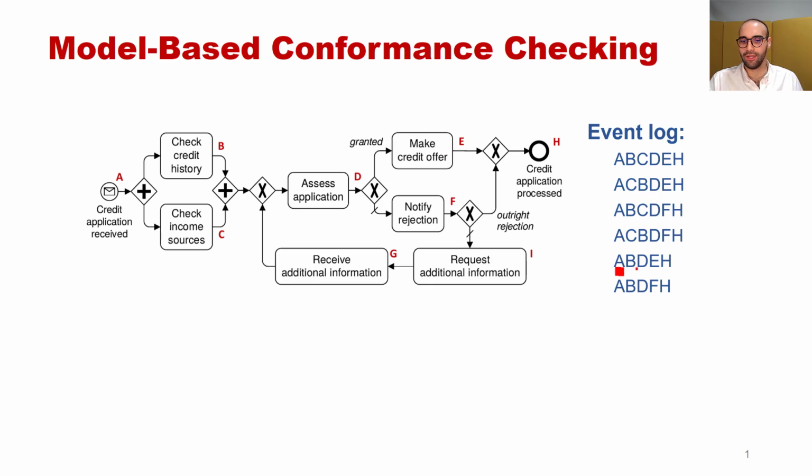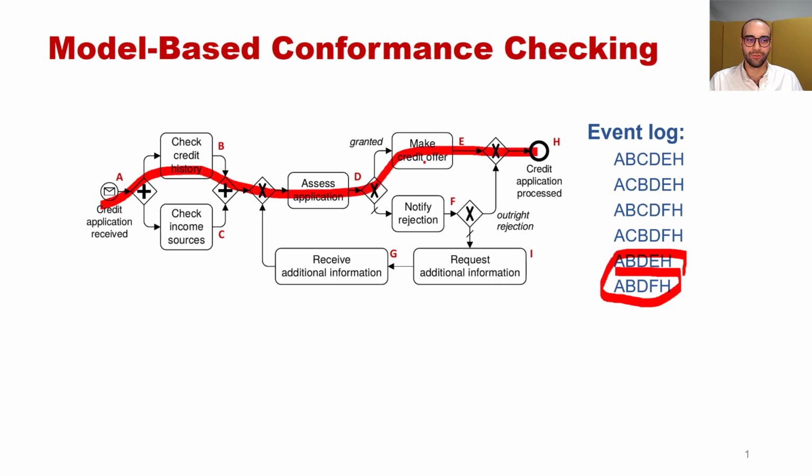However, if you check the last two traces here, it's A, B, D, E, H and A, B, D, F, H. It means that the C activity, the check income sources, is optional.